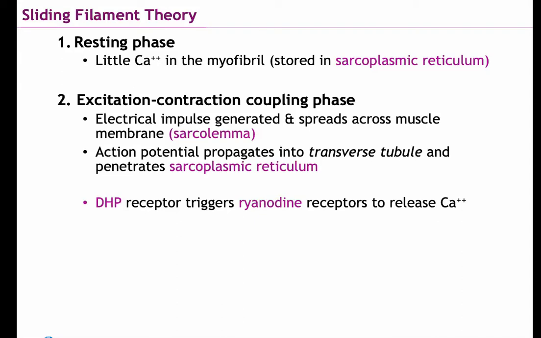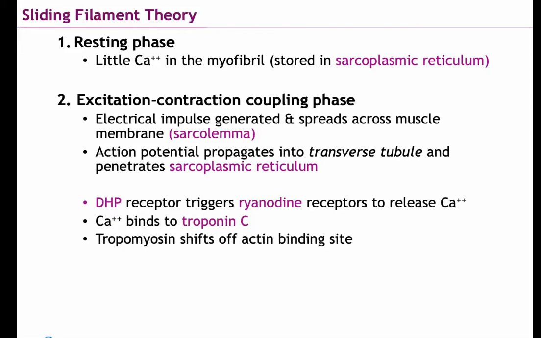So we have two receptors that have to be triggered. Once that voltage sensor is activated, that will trigger the ryanodine receptor, which causes the opening of the sarcoplasmic reticulum, and now calcium is released.